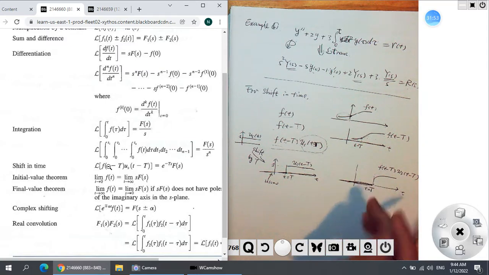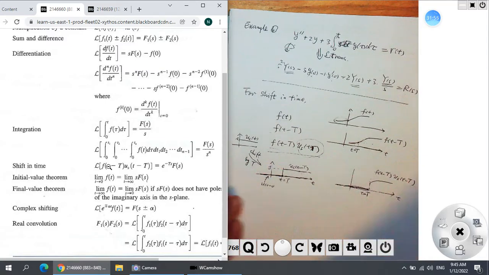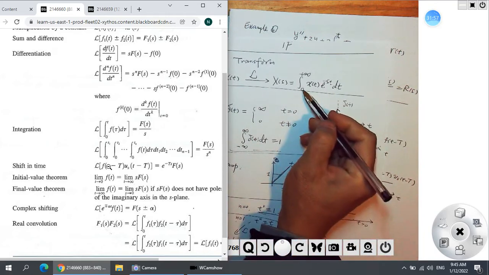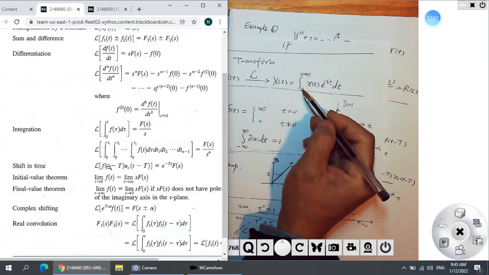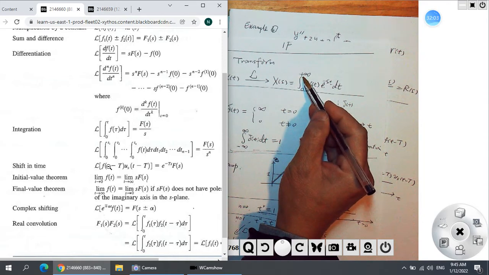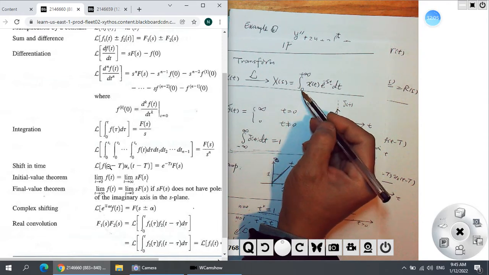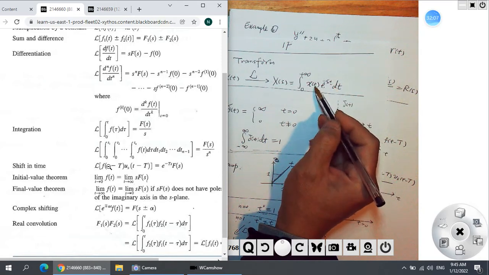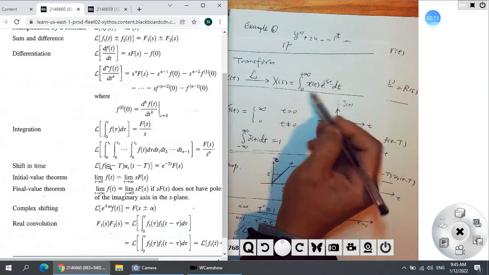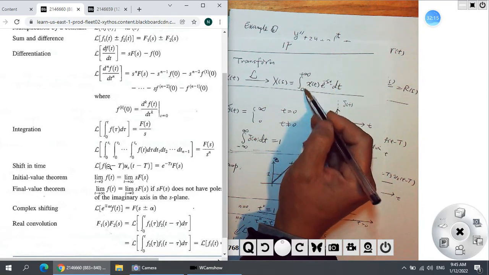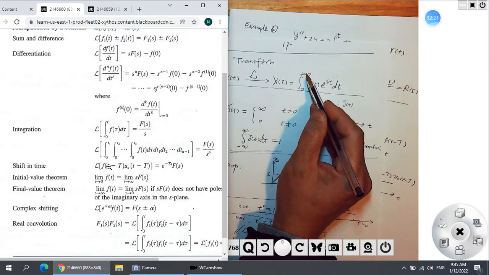Because the Laplace transform, by definition, is an integral from 0 to infinity. Right? No negative side. We do not want t equal to a negative value. For negative time, we don't need it. Here t must be positive, from 0 to positive infinity.